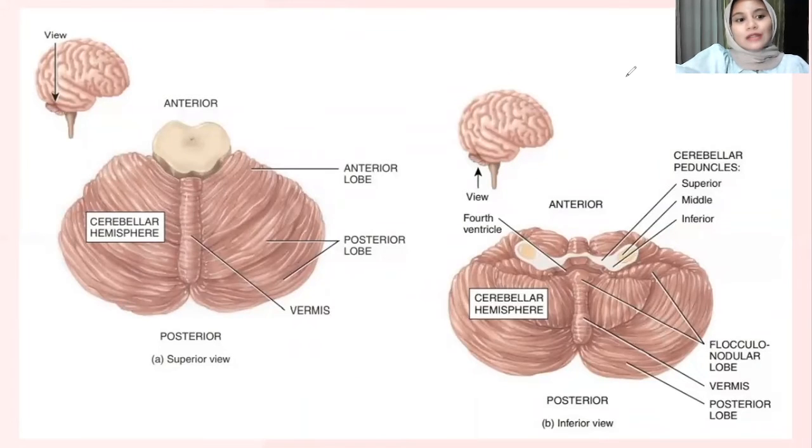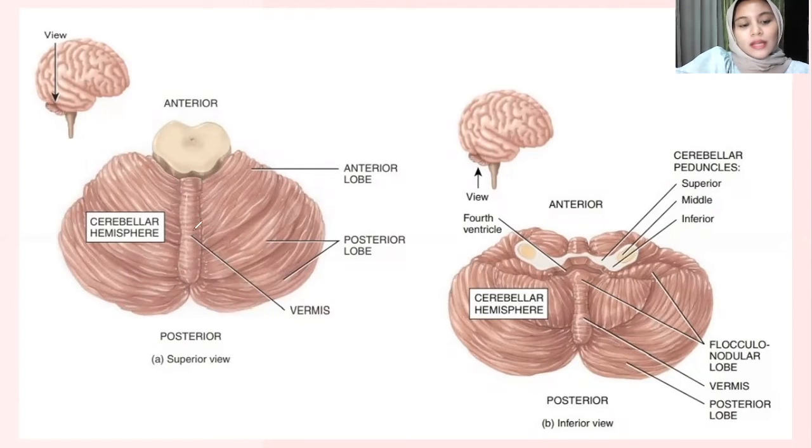Okay, so we go back to the structure of the cerebellum because I'm going to explain the structure of the cerebellum. As you can see at this part, this is the cerebellum in superior view and inferior view. This shape looks like a butterfly. The central one is called the vermis.